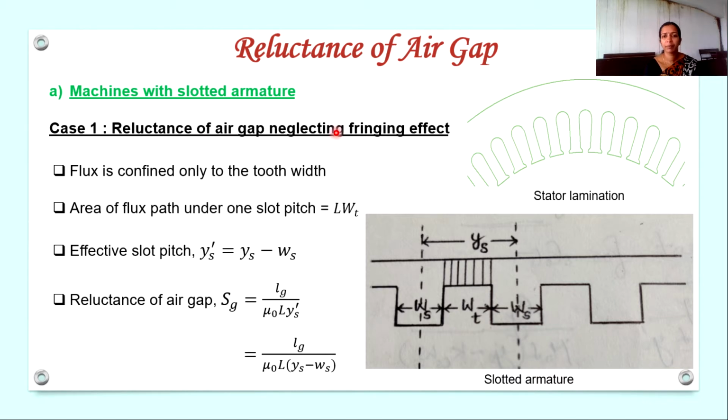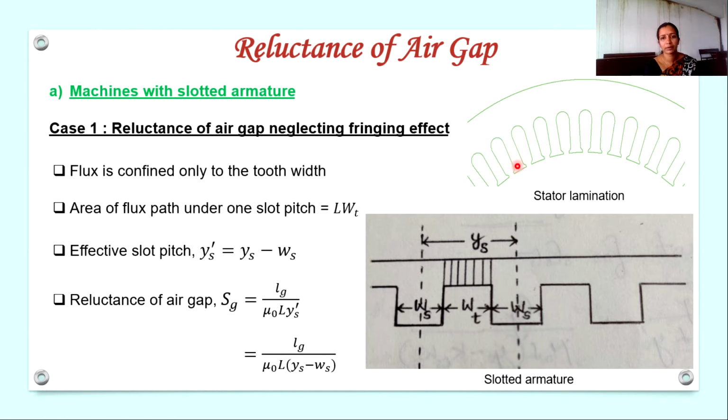You may be familiar with the fringing effect. Let us see that in the next case. For the time being, let us neglect the fringing effect. Let us consider a slotted armature. This is how a slotted lamination looks like. There will be slots as well as teeth. A slot is the gap, and the portion between slots is called the tooth.